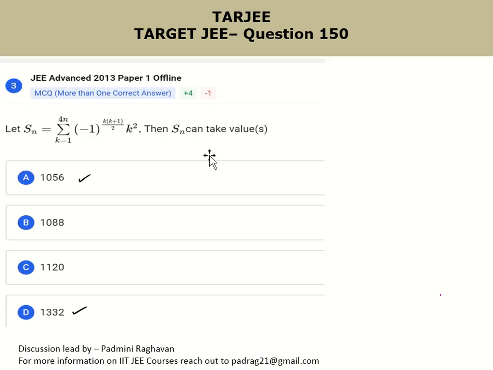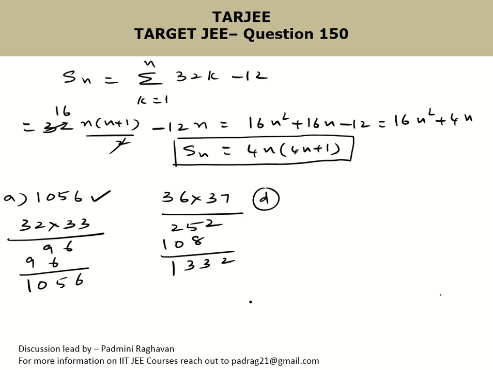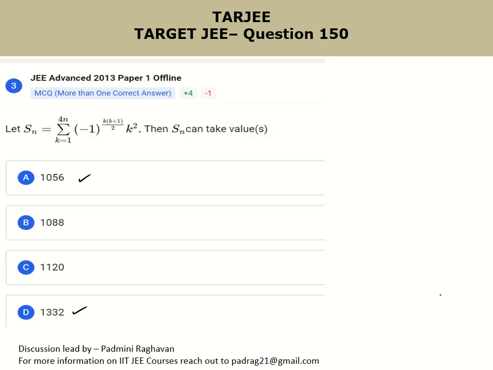We are given Sn which doesn't have a regular pattern. Certain terms are prefixed with the minus sign, certain terms are prefixed with the plus sign. So we have grouped them according to signs. Then we tried to segregate them and get a pattern and then find out sigma k equal to 1 to n, and then we see that there is a specific way Sn should look. It should look like 4n into 4n plus 1, a multiple of 4 into 1 more than a multiple of 4.